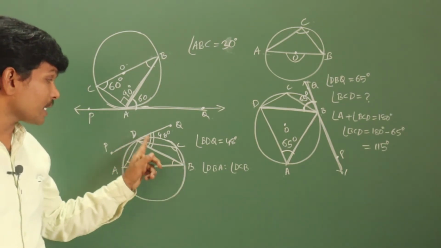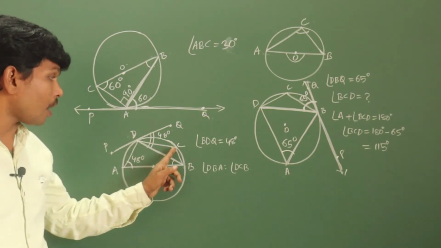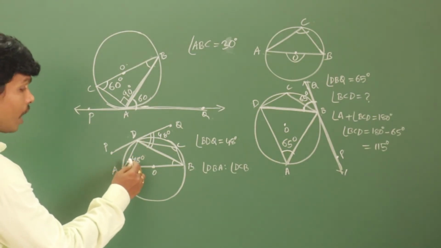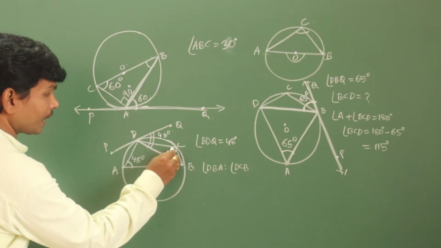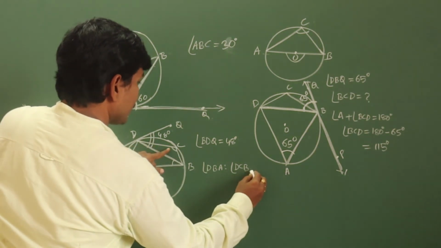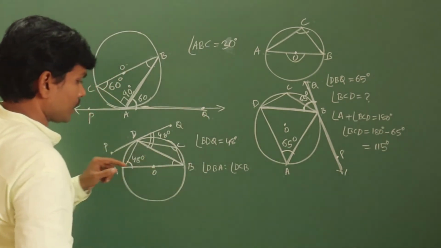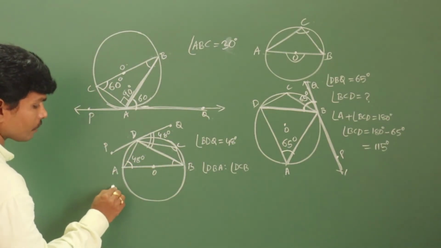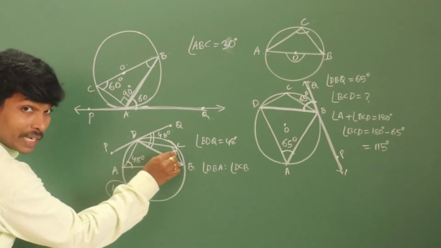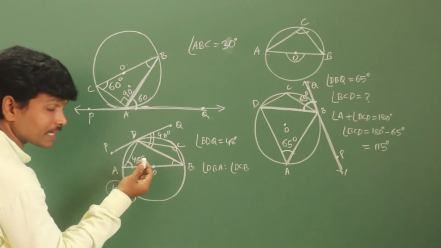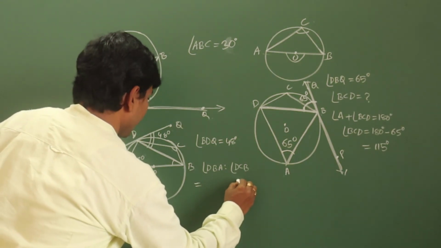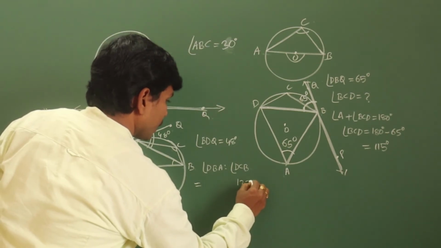The sum of the opposite angles is 180. So angle A is 48, then angle DCB is 132 degrees, because 132 plus 48 is 180. So that's why you got angle DCB as 132 degrees.